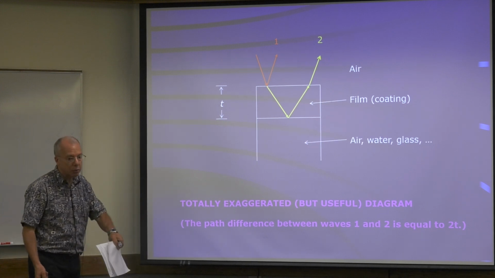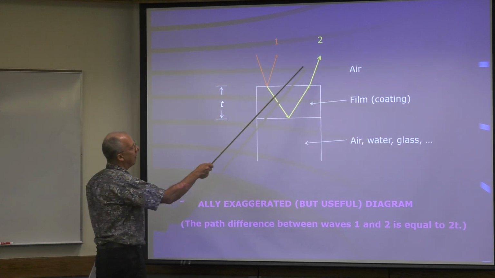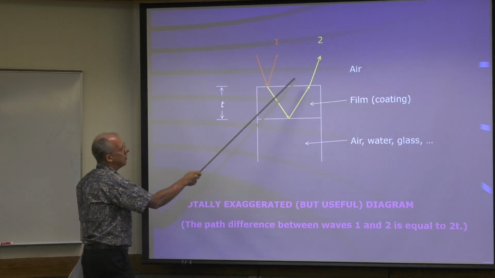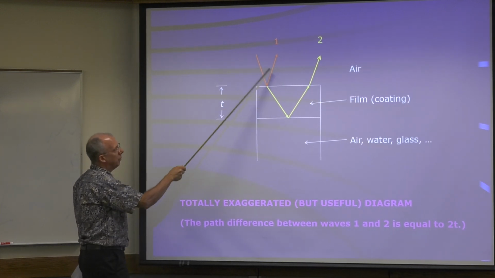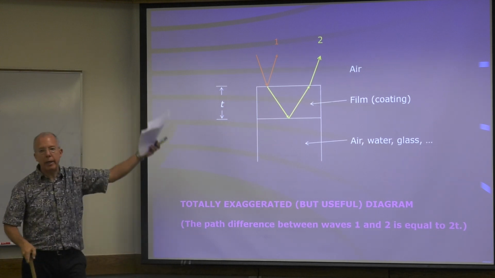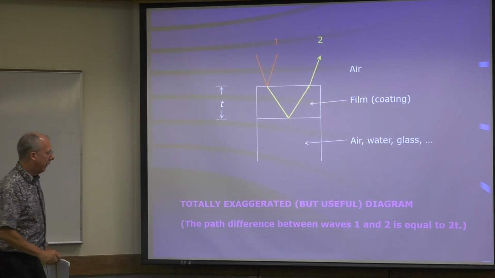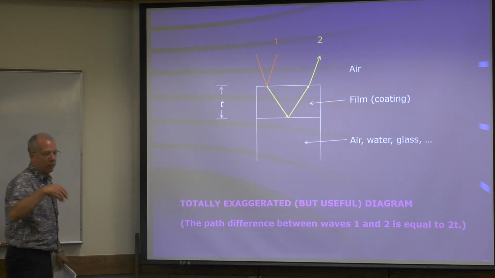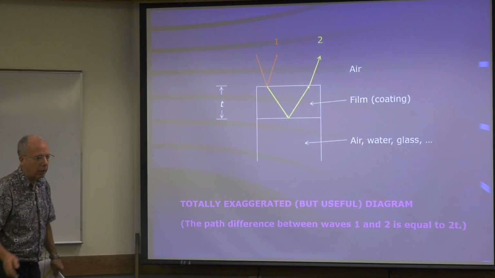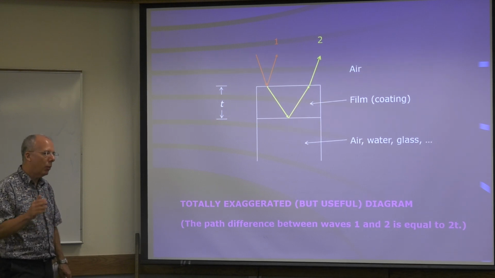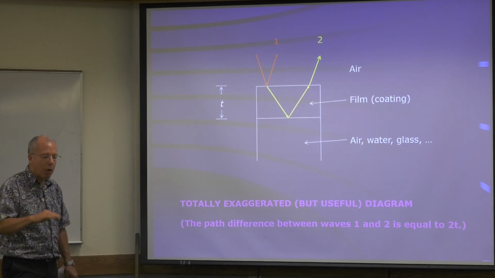But there's something else as well. There's different indices, right? Air and film and whatever. And so, when you get a reflection from different indices, you can throw in another phase difference. It could be a flip or it could be not a flip. It could be a phase difference of pi, which we're going to say is a lambda over 2 flip, or no flip.